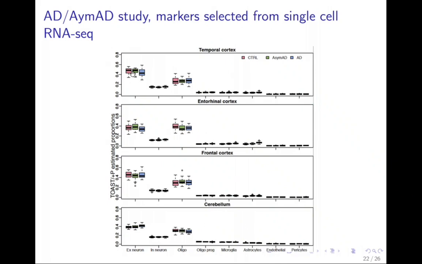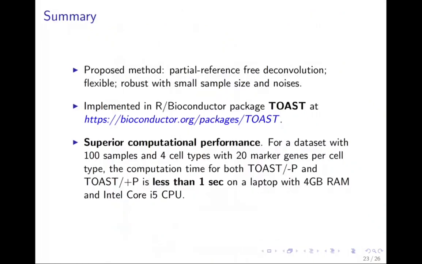So very interestingly, we find that compared with controls, AD has lower neuron proportion in the first 3 regions, but not in the last region. For this data set, we do not have a true proportion to compare with, but we find the conclusion is consistent with the knowledge we have, and I find the results very, very interesting.